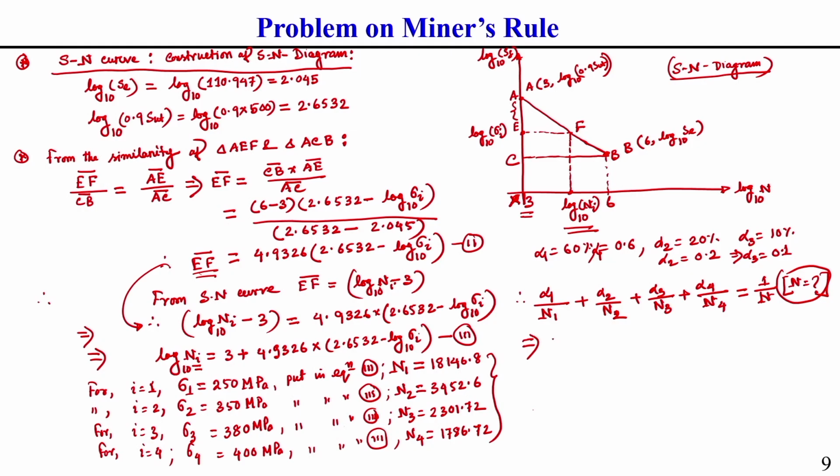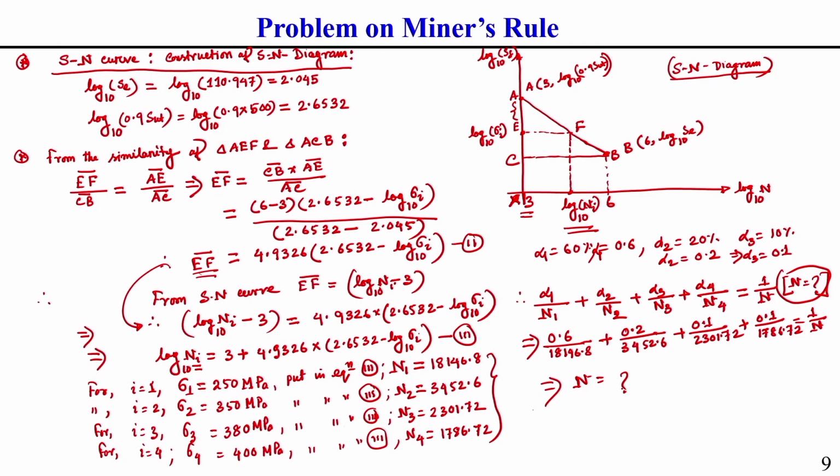So, now I am putting these things in this equation: alpha 1 is given as 0.6, N1 we got as 18146.8, plus alpha 2 is 0.2 divided by 3452.6, plus alpha 3 is 0.1 divided by 2301.72, plus alpha 4 is again 0.1 divided by 1786.72, equal to 1 by N. So, from here you can easily find the N value.